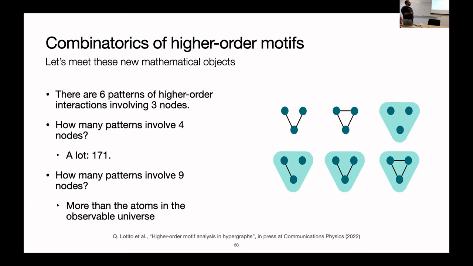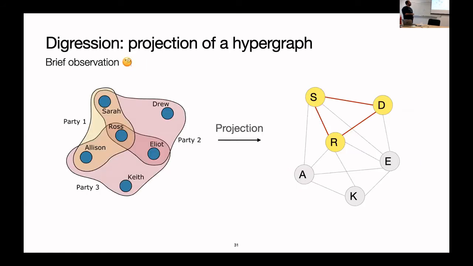So now the problem is, how do we count these patterns inside the observed hypergraphs? I mean, how do we compute the frequency of each pattern in real-world networks? Let's have a small digression to consider a bit of algorithm design for hypergraphs.